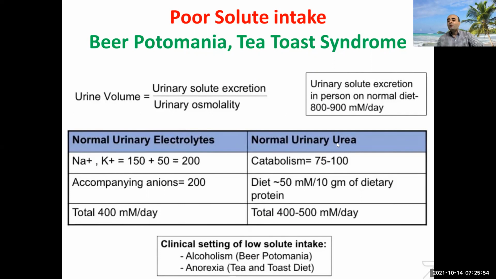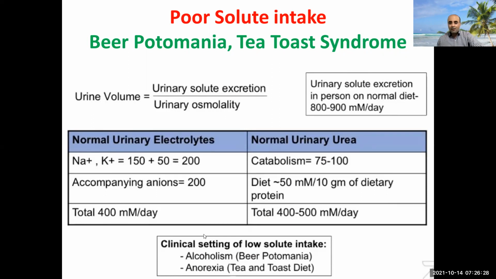Normal urinary urea comes from our catabolism daily, around 75 to 100, and from diet, around 50 millimole per 10 grams of dietary protein, and the total will be 400 millimole per day, like 400 to 500. If you calculate, around 800 to 900 per day is normal urinary solute excretion.